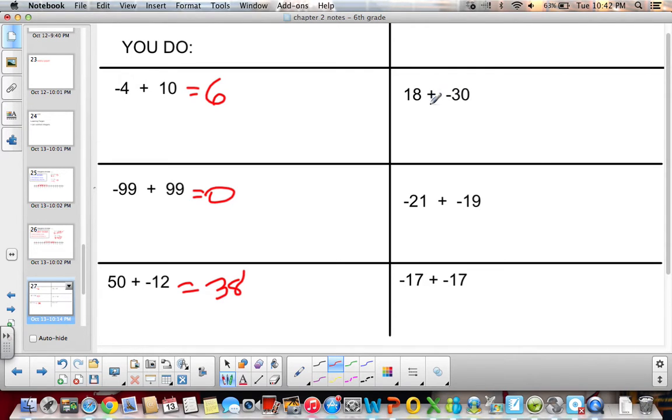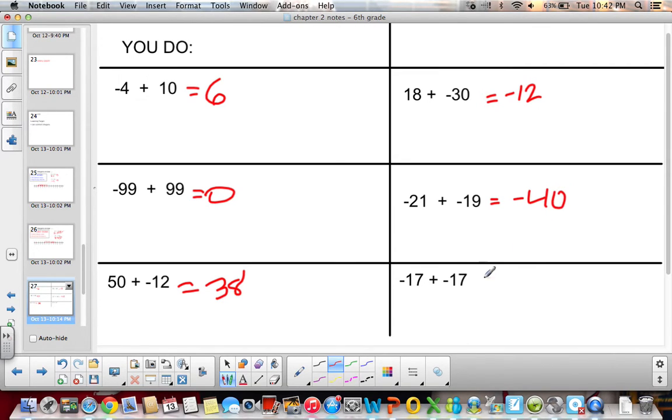It's easier to think of that. Adding 18, so it would be -12. -21 plus -19 would be -40.